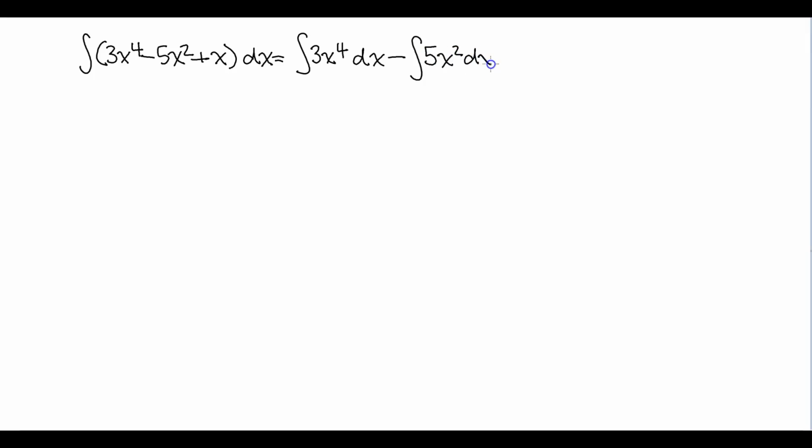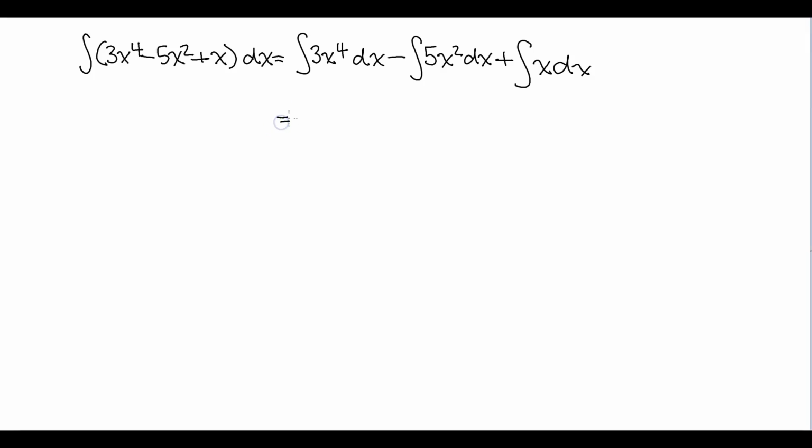Let's take the integral of 3x to the 4th minus 5x squared plus x dx. Now you just separate it into the corresponding integrals. You can separate the expression and take the integral of each individual term.